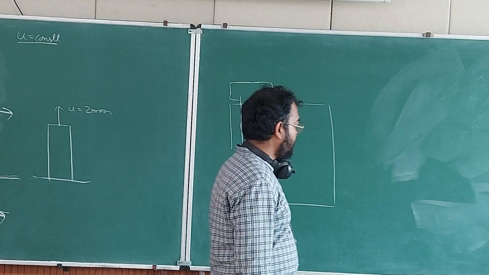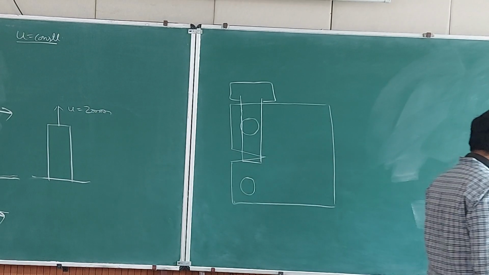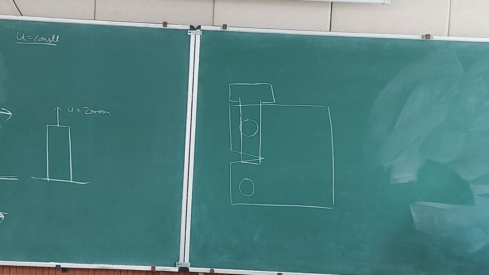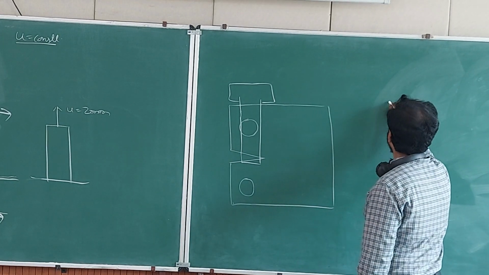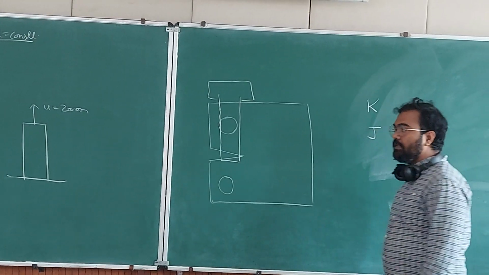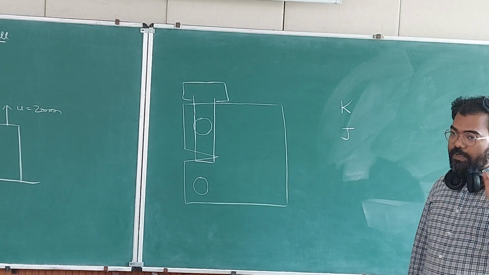Okay, so in our cracked specimen we have seen that we have two different parameters, K and J, and using these we have found the fracture toughness parameters.